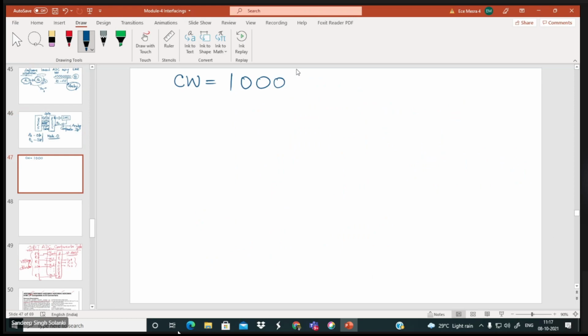Port C upper you are not using, so just keep it as input, and then mode 0 for port C lower, so make it 0, and port B as input, so 1, and port C lower as input, so 1. Am I correct with the formation of this control word?